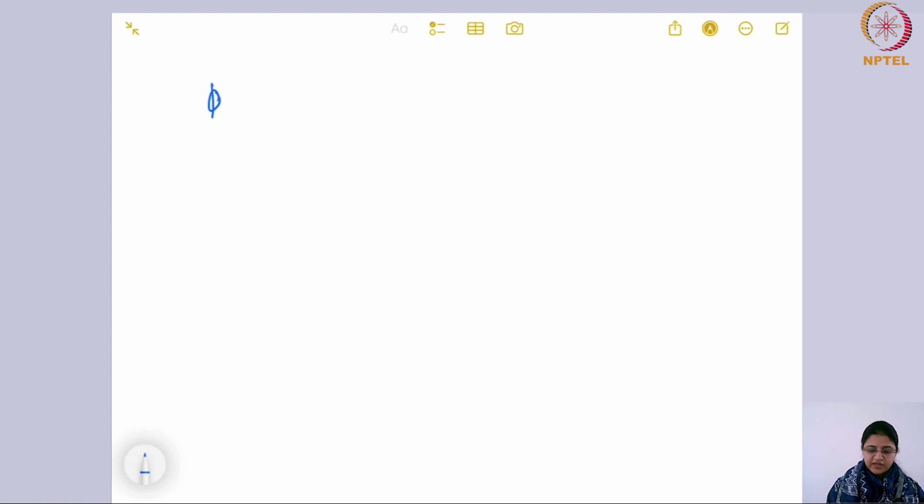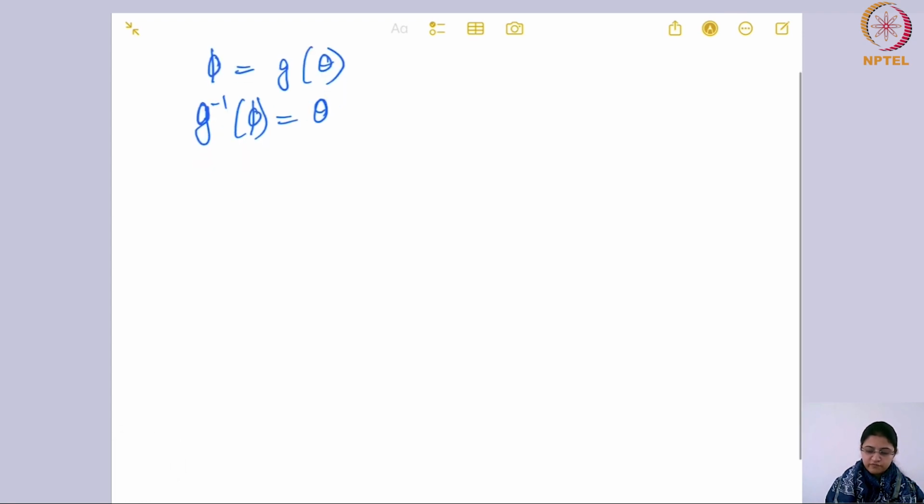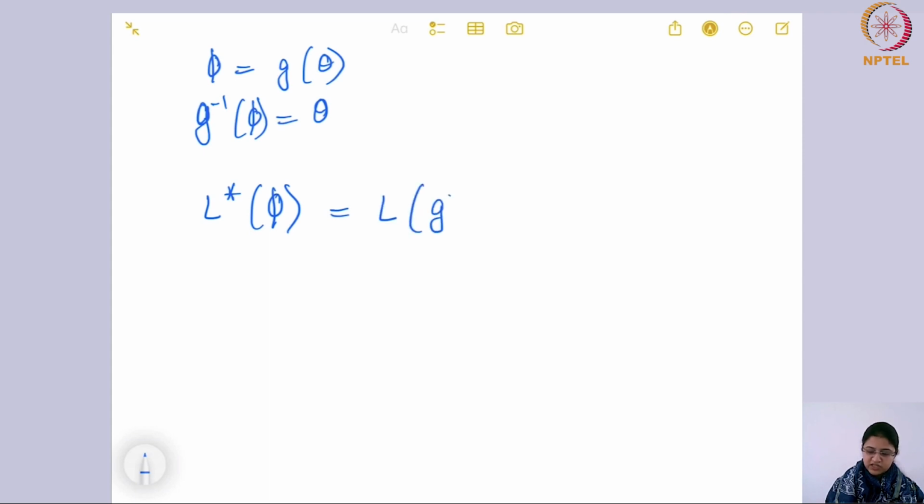Here, if phi is g of theta, then g inverse of phi would be theta. This inverse is well defined because it is a one-to-one function, and here the likelihood function can also be written as a function of theta only. If we use L star for the likelihood function corresponding to phi, then L star of phi is the same as writing L of g inverse of phi.